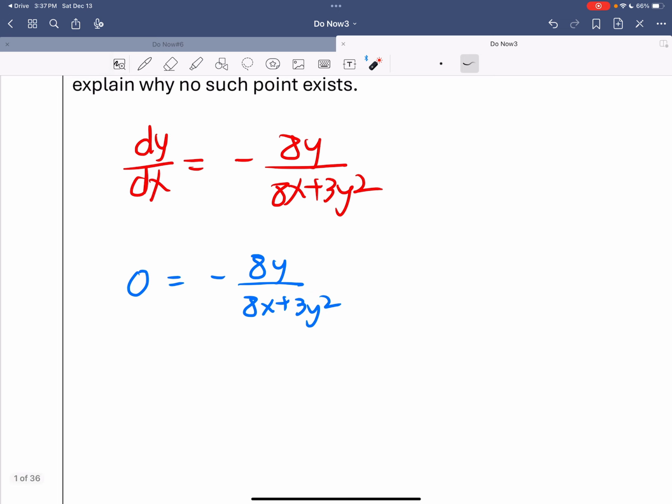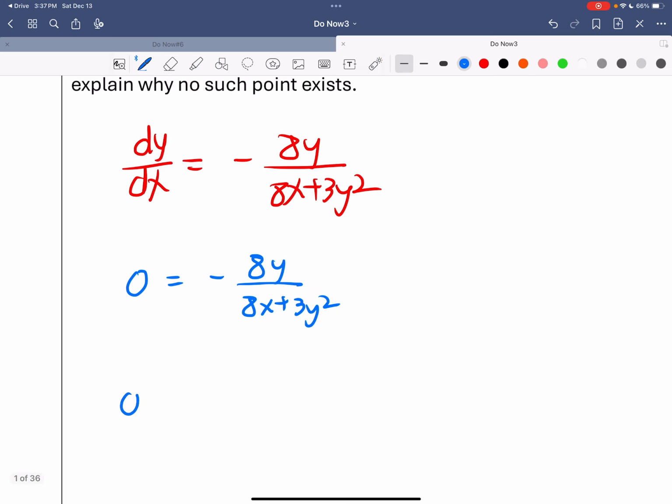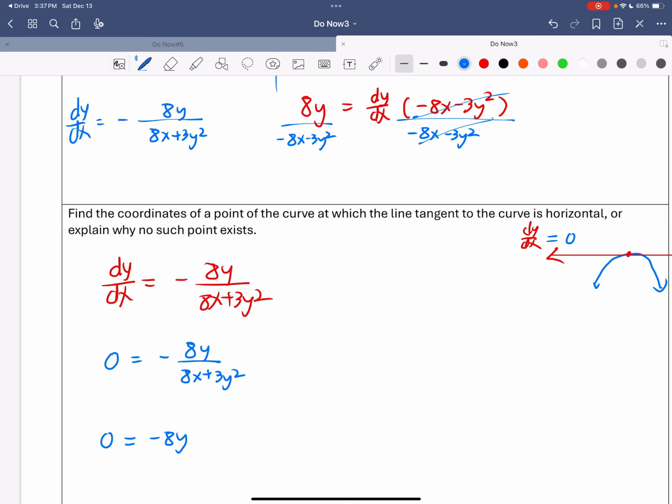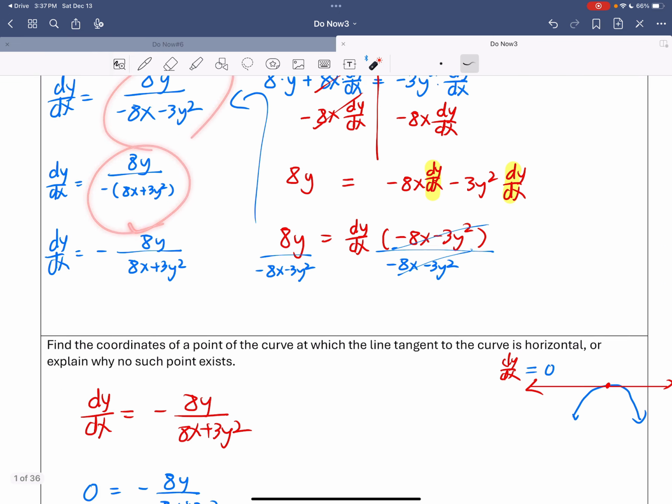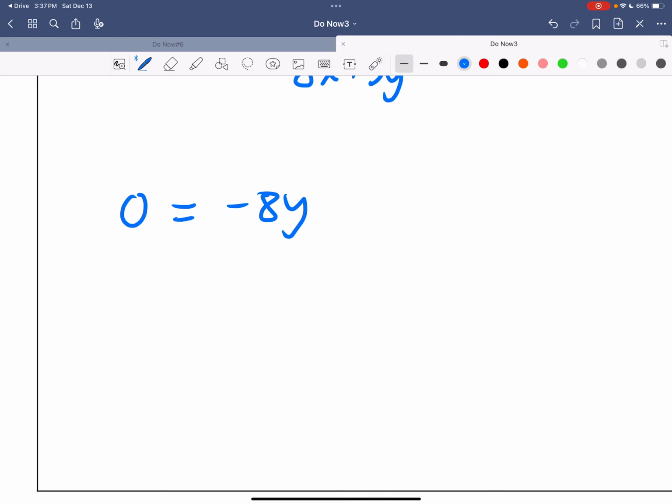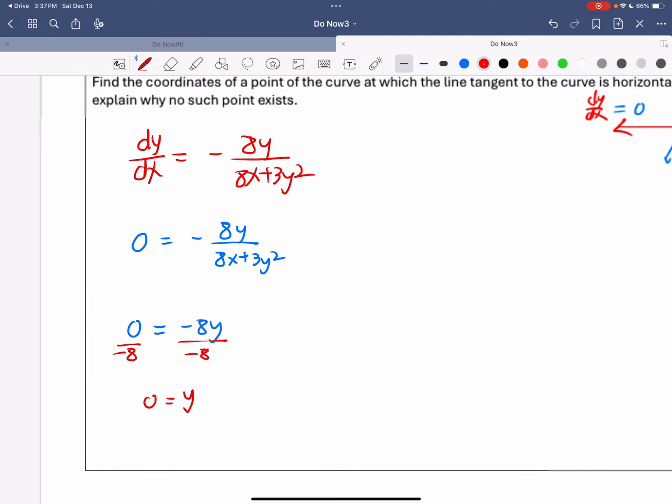I only care about this top number. So I'm going to set 0 equals negative 8y. Or you can put a positive 8y if you used this. But your answer is going to be exactly the same because when you divide by negative 8 both sides, you're going to get y equals 0. So that's the y value of the coordinate.